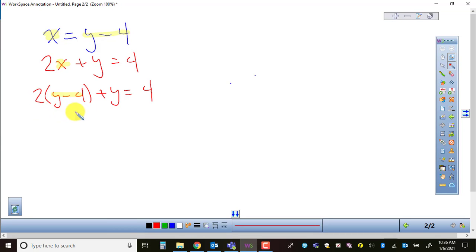We know that when we have parentheses, we want to use the distributive property to get rid of those. So 2 times y, and then 2 times negative 4, and the plus y is still here. So now I'm going to combine like terms. I'm going to combine my 2y and my 1y to give me 3y.